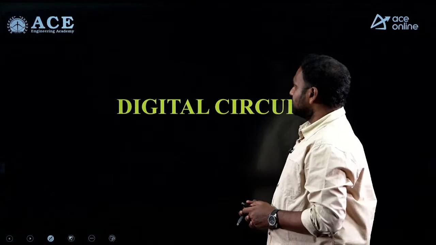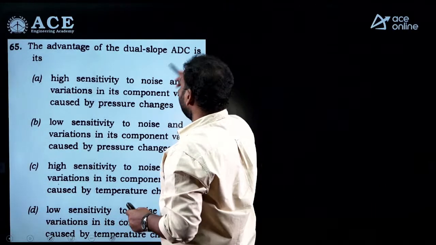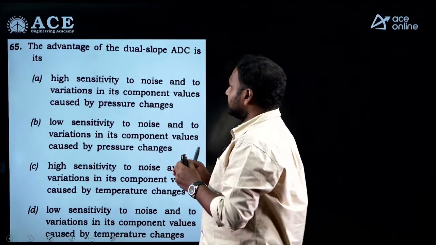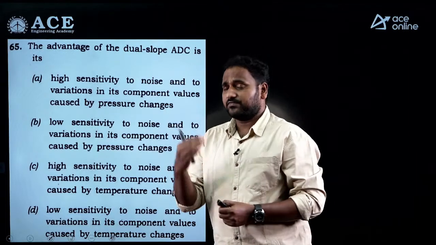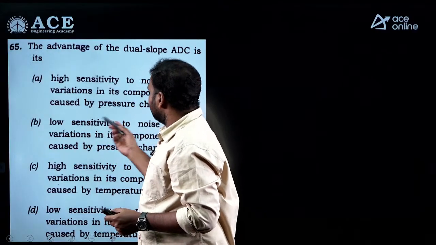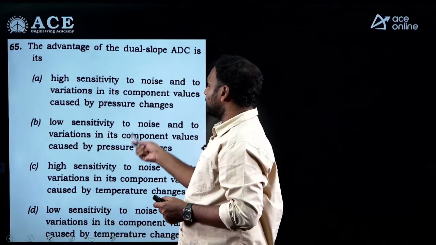Welcome friends. Coming to the digital electronics questions here. The advantage of the dual slope ADC: dual slope ADC is actually very low sensitive to noise. We know the signal to noise ratio is very good for dual slope ADC. So it is low sensitive to the noise and to variation in the component value caused by pressure.